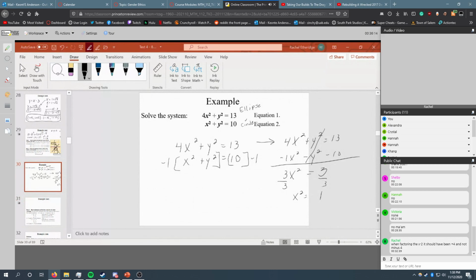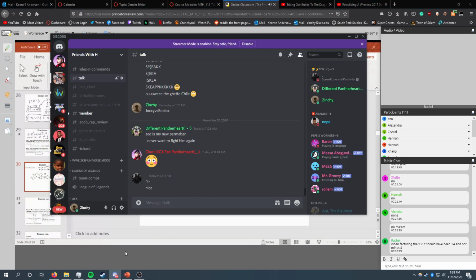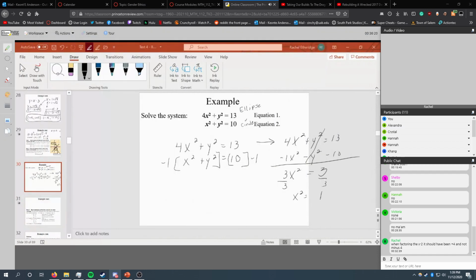So if I take the square root, I get x equals plus or minus the square root of 1. So x could be 1 or -1.